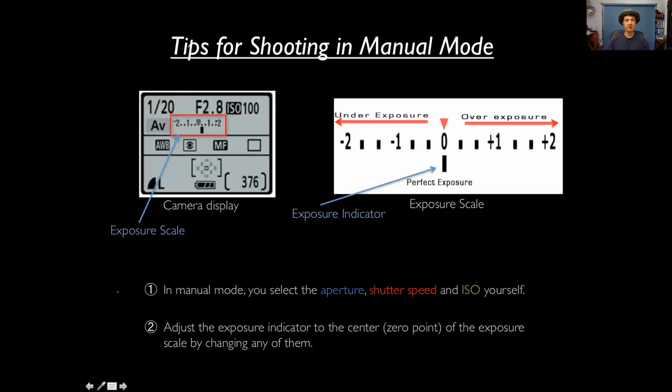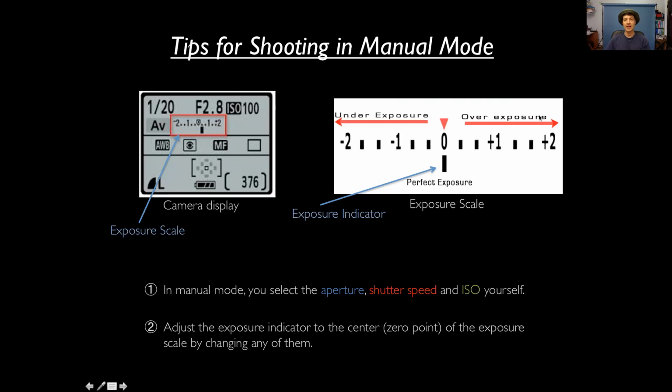So, some tips. One is in manual mode, you select all of these things yourself, as we just said, and you want to adjust the exposure indicator to the center or 0 point of the exposure scale by changing any of those three: aperture, shutter speed, and ISO.